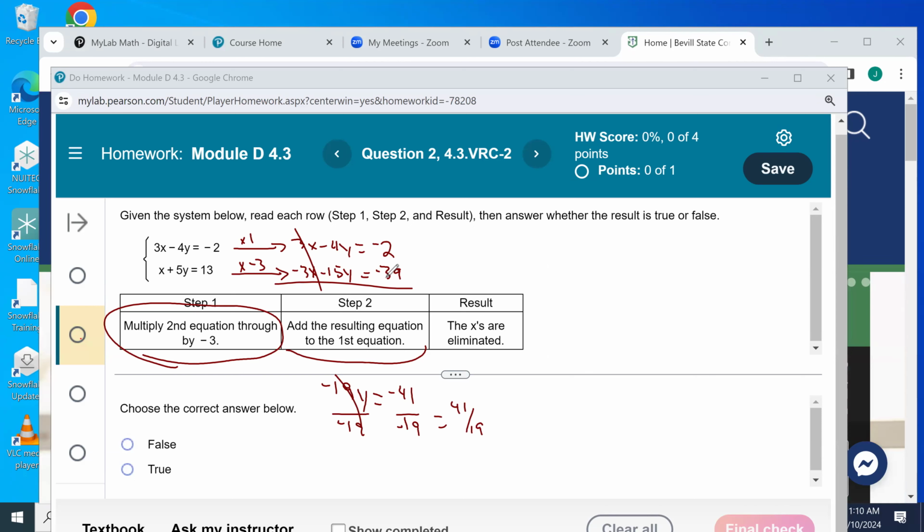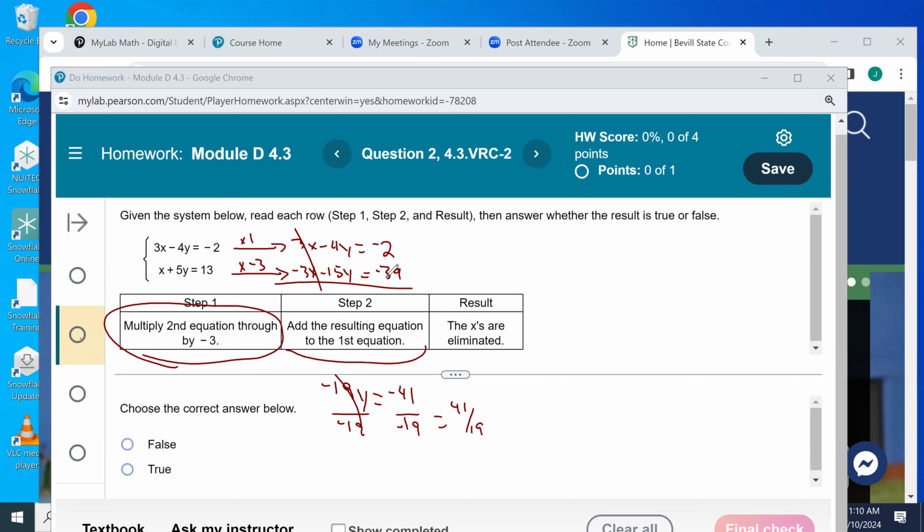So y would be 41 over 19, a little bit more than 2, right? Because 2 times 19 would be 38. So if I was solving this by graphing, would I actually see the lines crossing at a y value of 41 over 19?